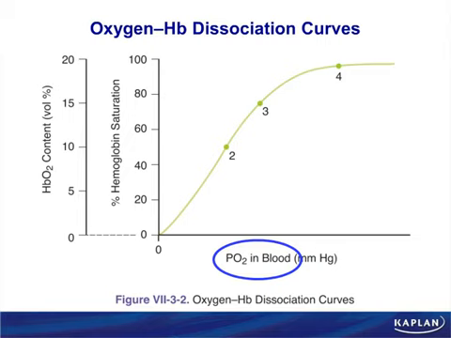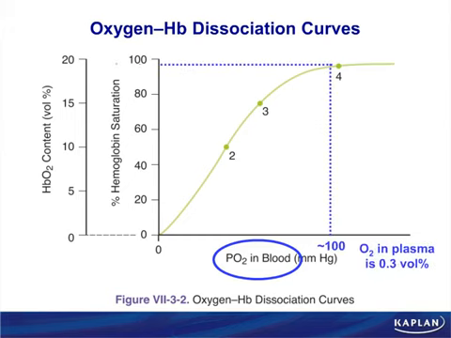Notice, as I get more onto the loading zone, that means I can load more onto my little red truck. At a PO2 of 100, we're pretty close to fully saturating the hemoglobin molecule. And that's why in the previous slide, increasing PO2 really didn't have a big impact on oxygen content. Again, oxygen content's the total amount.